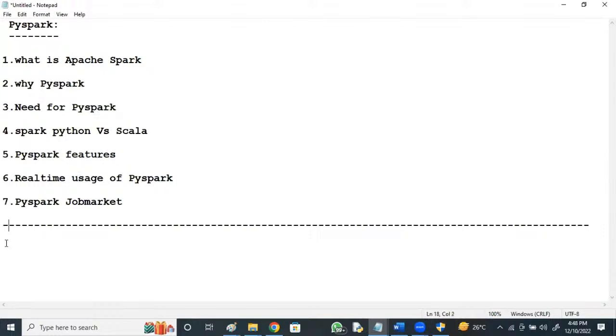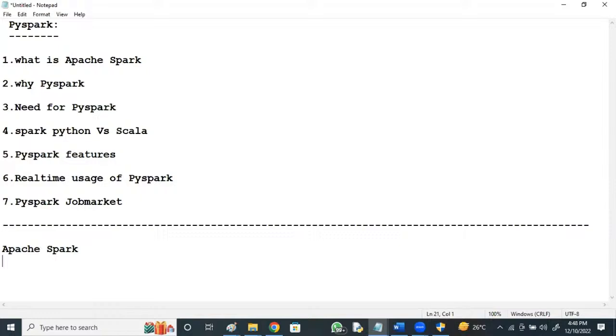So what is Apache Spark? Apache Spark is an open source distributed parallel processed cluster computing framework which was introduced by Apache Software Foundation.